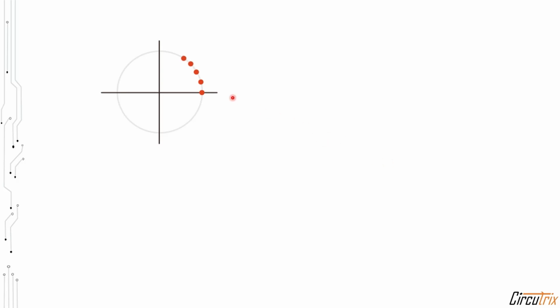A periodic signal is one that repeats the sequence of values exactly after a fixed length of time known as the period. Here we can call this period T. To find the value of the signal at any given instant of time, all we need to do is trace the point along the circle.